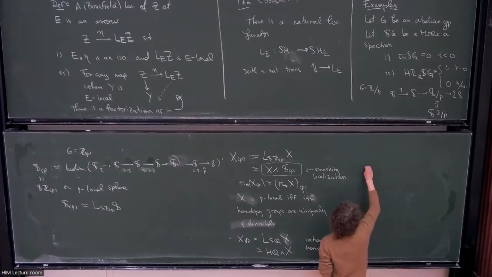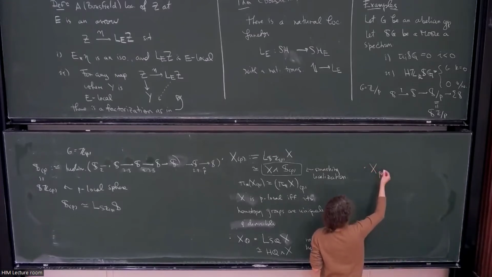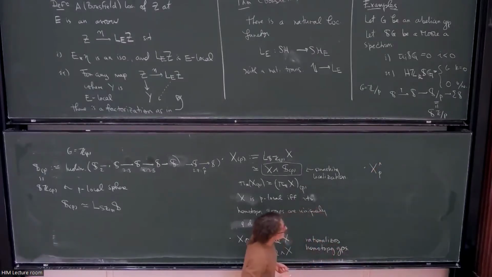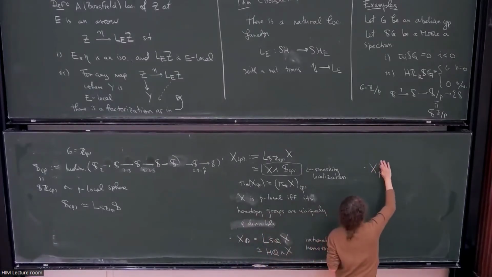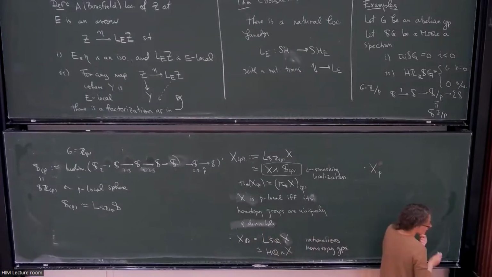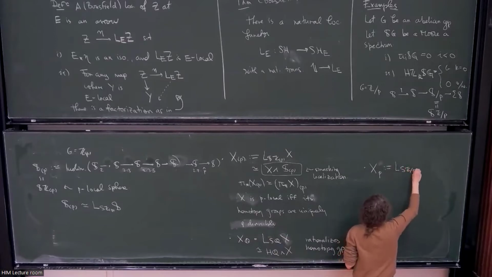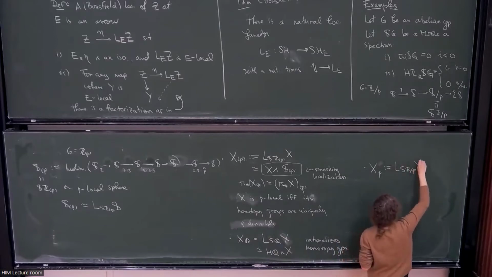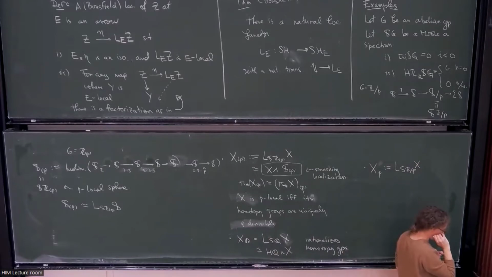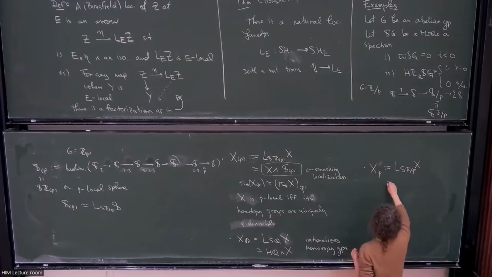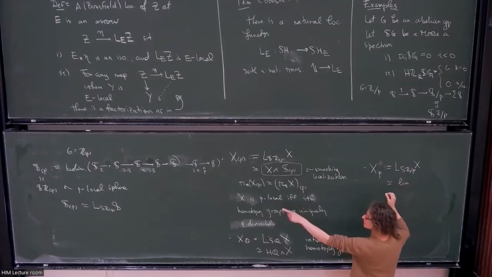I'm going to let X sub P, sometimes people also put a little wedge there to denote the completion, but I'm not going to do that, be, by definition, the localization at this other Moore spectrum that I gave you. It turns out that this is an inverse limit.